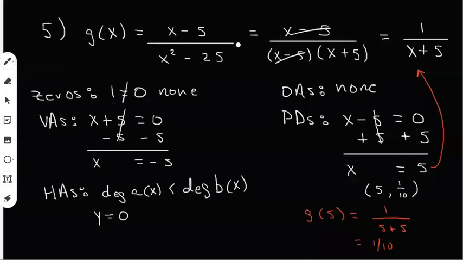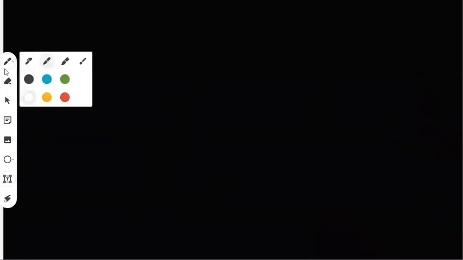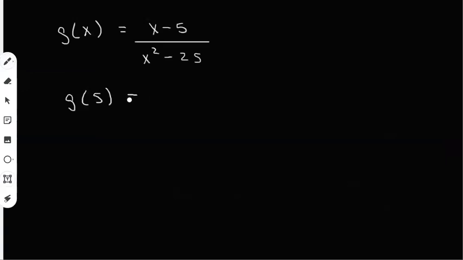I'm going to go back to my screen, and we're going to try this again. So we had g of x equals x minus 5 over x squared minus 25. We know that our point discontinuity is going to be at (5, 1/10). So my x value is 5.